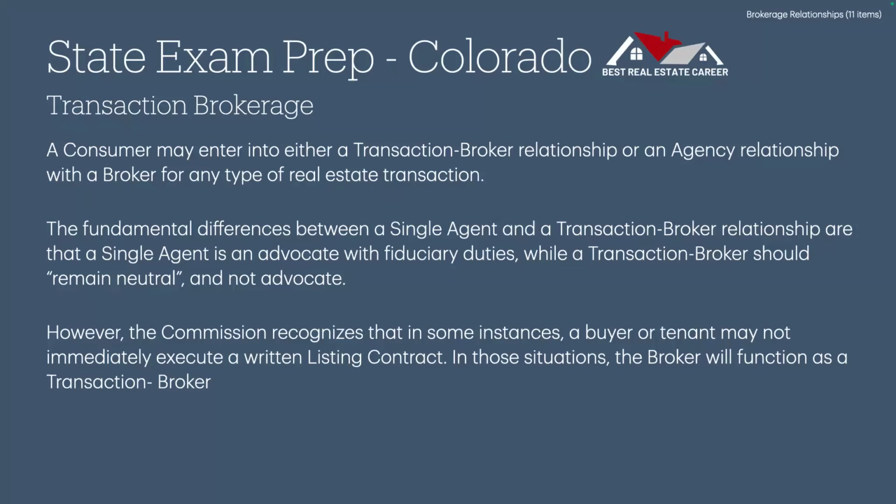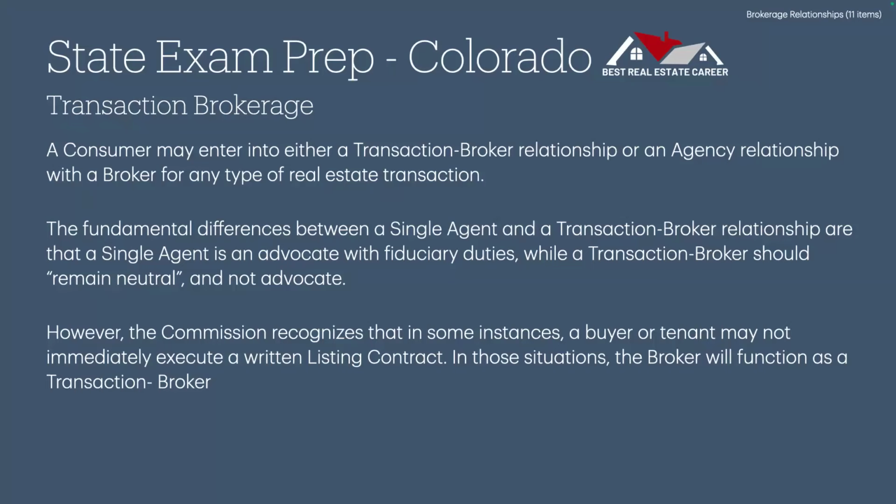Let's go look." You jump in the car, you go look at the house. You don't have an agency agreement in place. By default, you're a transaction broker. It means you don't have fiduciary responsibilities. You're not an advocate. You can't be giving advice. You can't be doing any of that stuff. Pretty much you're a key turner in that situation. You're neutral. You're a key turner.